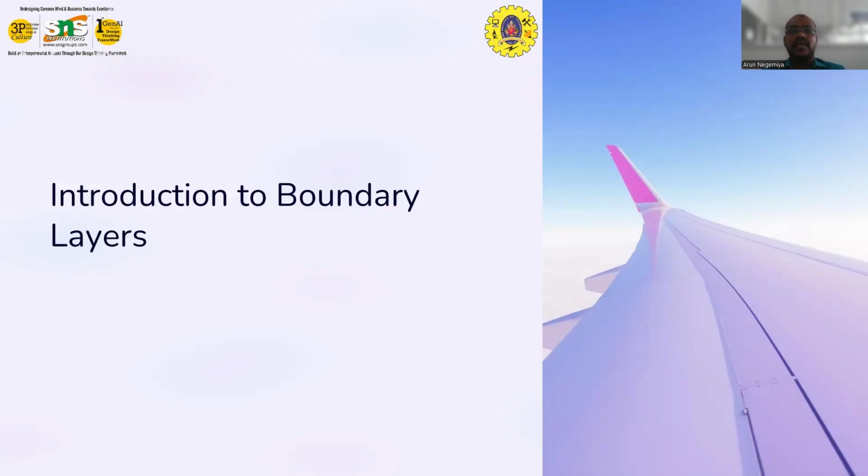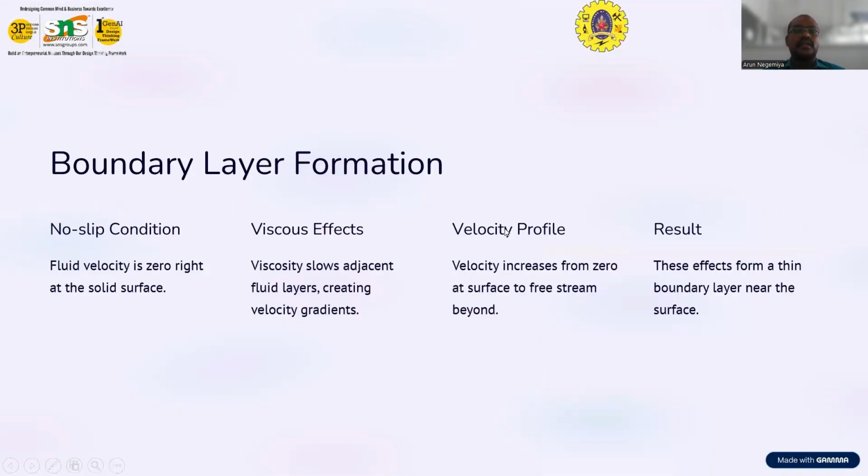So the boundary layer can be developed over the solid surfaces only. And these are all the boundary layer formations. The boundary layer can be formed in the following manner. First one is the no slip condition, so here the fluid velocity is 0.